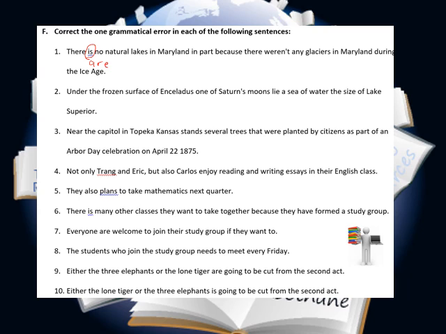Why? Because it's lakes, not lake. Very good. Number 2, Muhammad. Under the frozen surface of Enceladus, one of Saturn's moons, lies a sea of water the size of Lake Superior. It should be "lies", not "lie". Very good. So here it should be lies. Why?